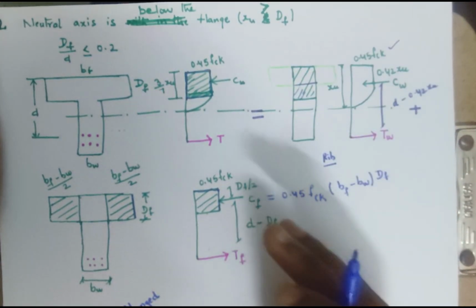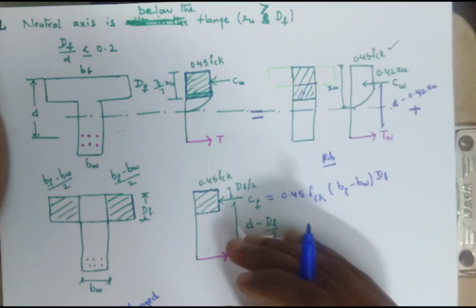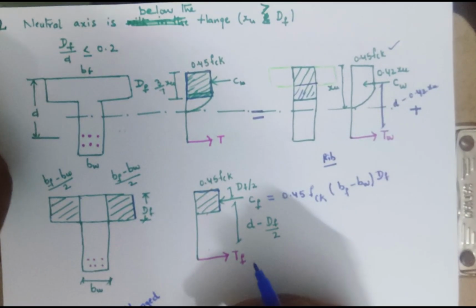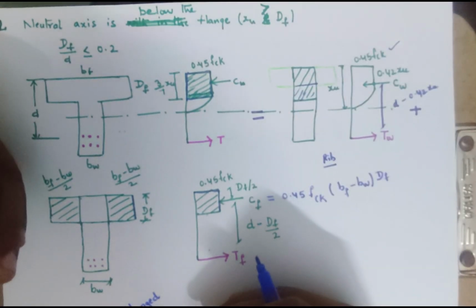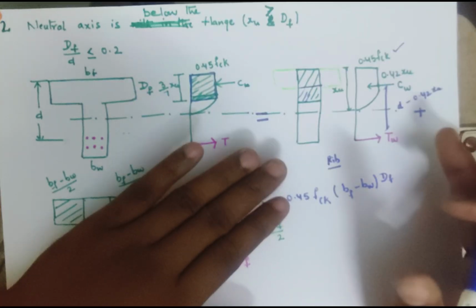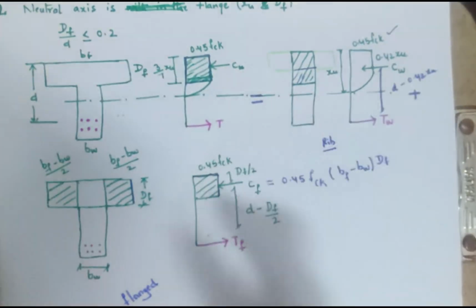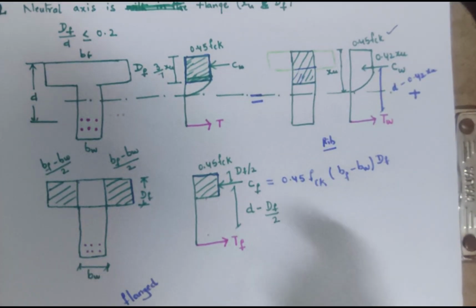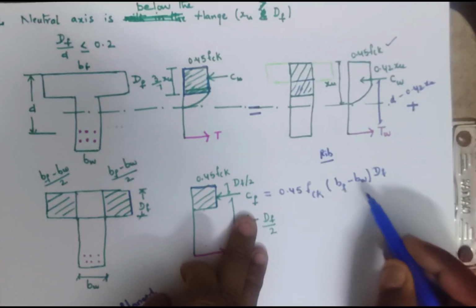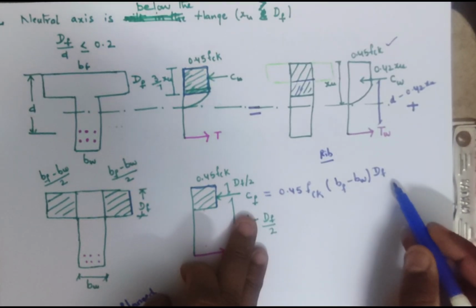In the case of the section where the neutral axis is below the flange, we have separated the analysis of the rib portion and the flanged portion. In the case of the rib portion, the equations remain the same as in the rectangular portion, but for the flange portion, the compressive force will be 0.45 fck multiplied by the breadth of the flange minus the breadth of the web, multiplied by the depth of the flange.